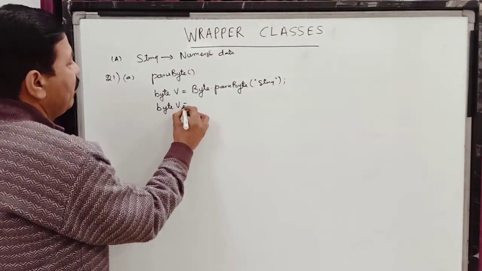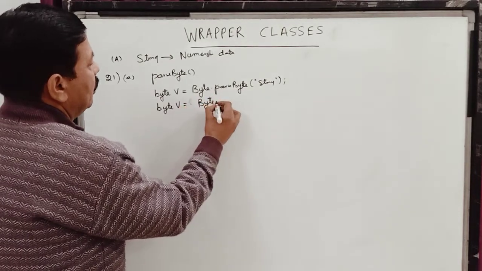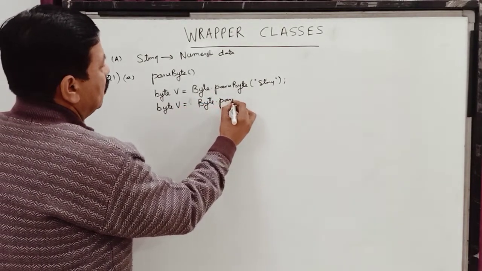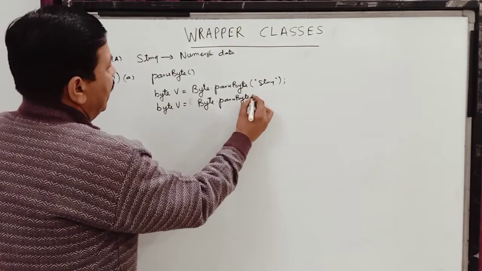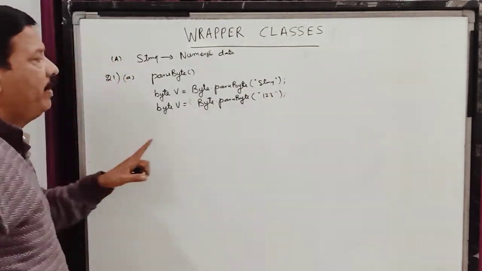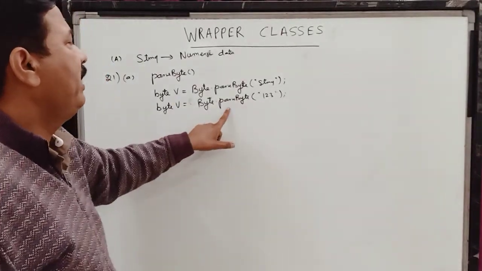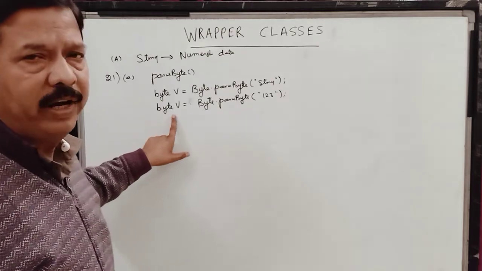Say byte v is equal to Byte.parseByte, and say I write "123". So children, this 123 is string data, but this particular function parseByte is converting it into data type byte.